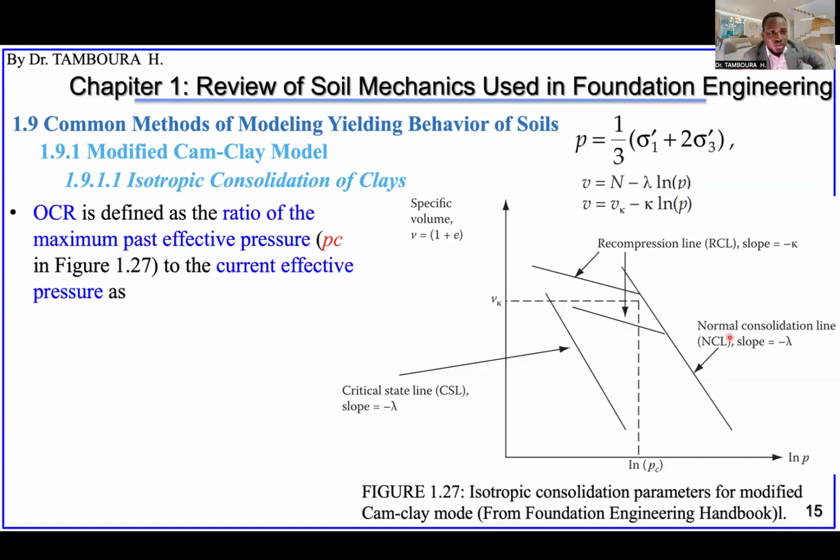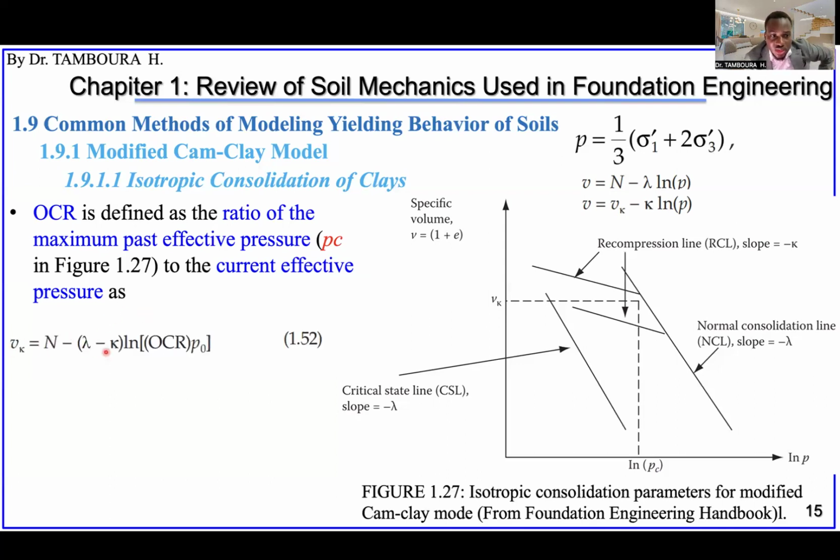So over consolidation ratio is defined as the ratio of the maximum past effective pressure, PC, the maximum previously experienced by the soil, to the current effective pressure. Right now, what is the load that is applied on our soil? So this is the over consolidation ratio.